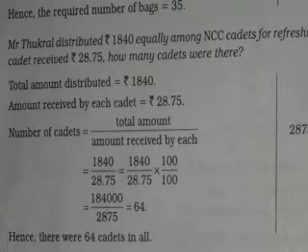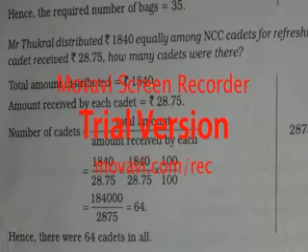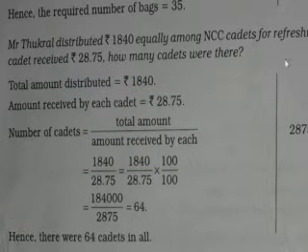If you will see example number 13, here it has been said Mr. Thukral distributed rupees 1840 equally among NCC cadets for refreshment. If each cadet received 28.75, how many cadets were there? So what you will do, you will also do over here total money by share of one person.